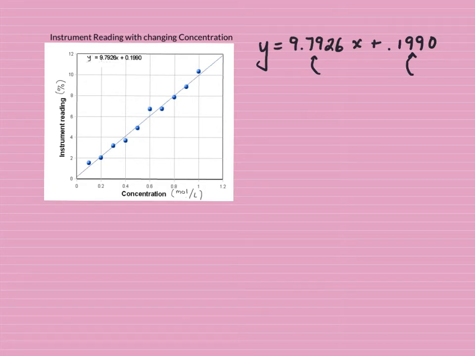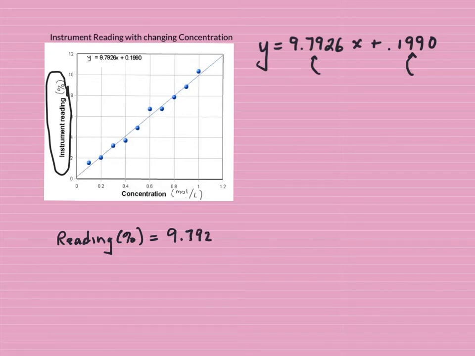So again, we're going to try to write our mathematical model. We'll start with y. So I just write what's on the y-axis. I'm just going to abbreviate a little bit, so I'm going to say the reading, and the units are percentage, equals the slope, which is this 9.7926.